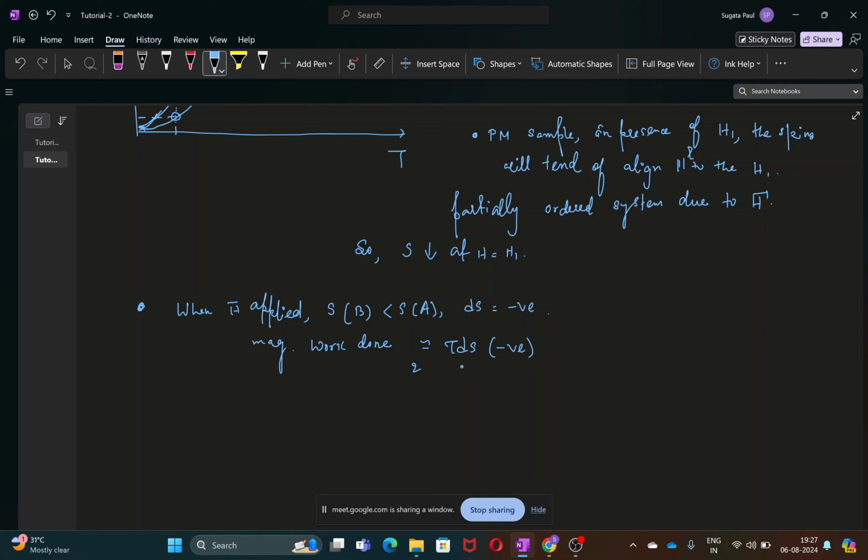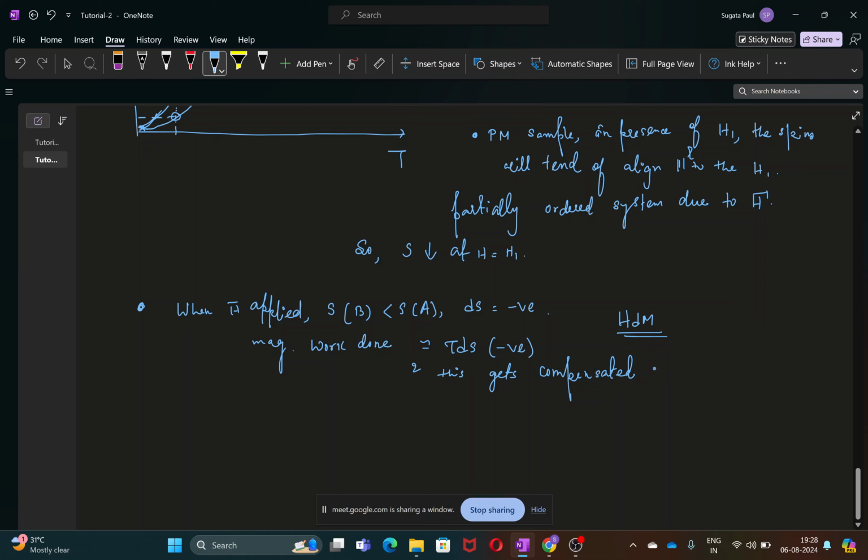Up to that part, there was no adiabatic condition applied. Because you have applied a field, H is non-zero and your magnetization has changed. Basically from zero magnetization you have got a finite magnetization, so this is the magnetic work done.